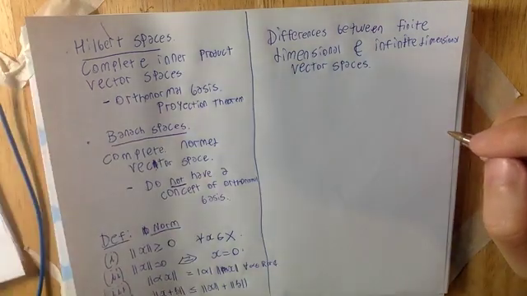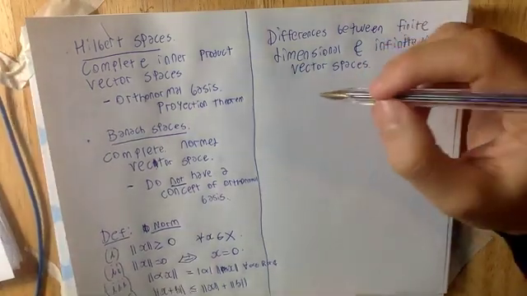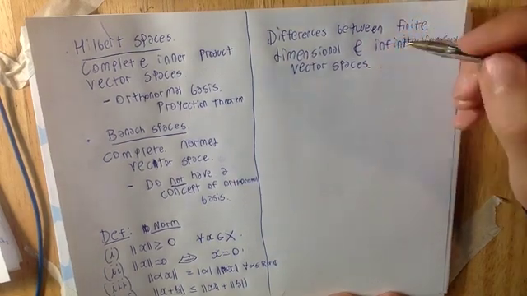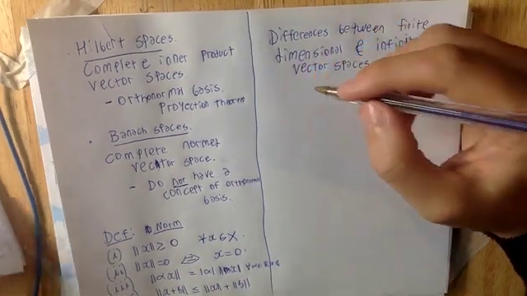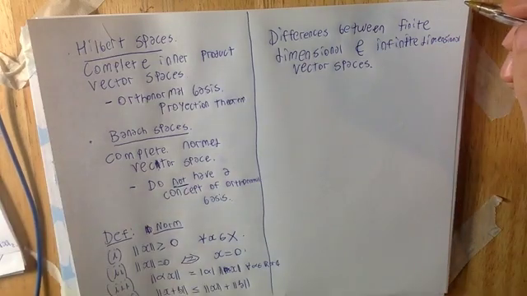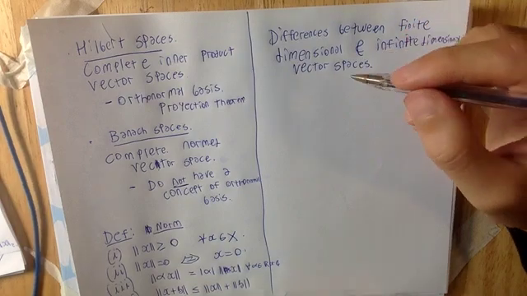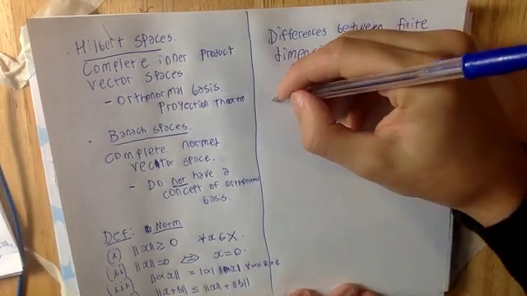One of the things is that for finite dimensional vector spaces, all of the norms are equivalent. So let's put a theorem.